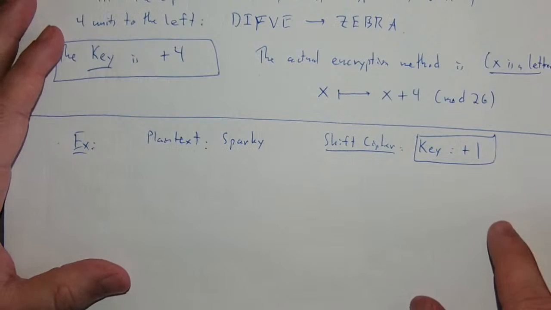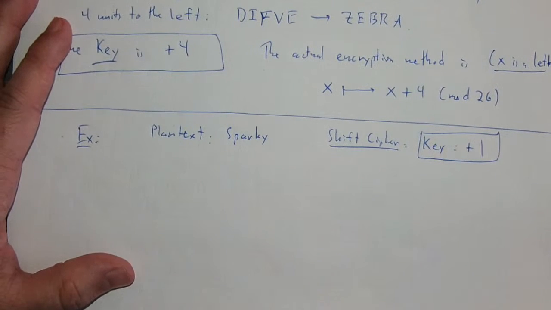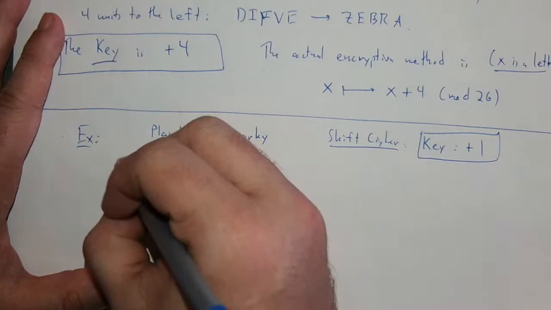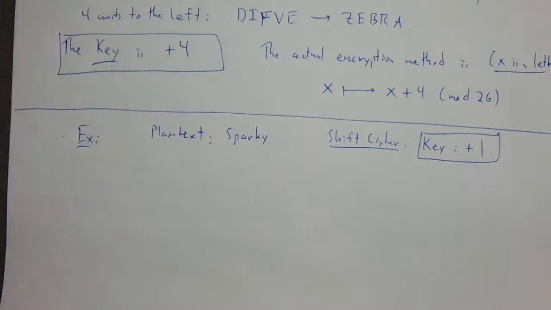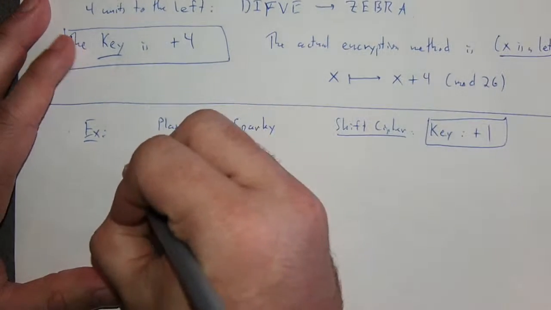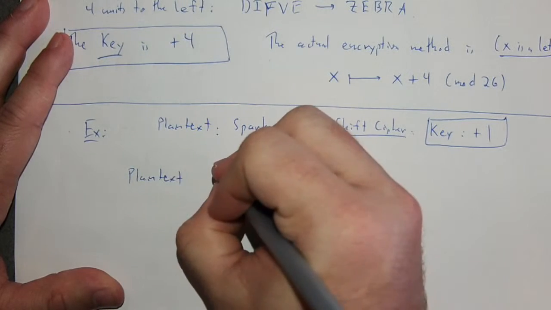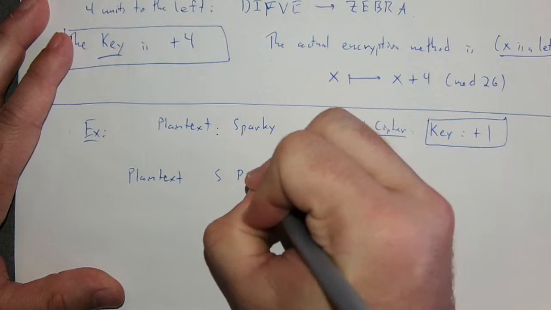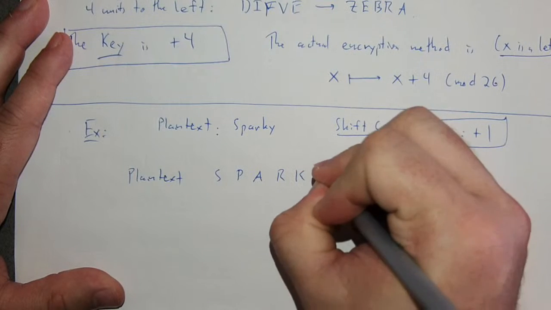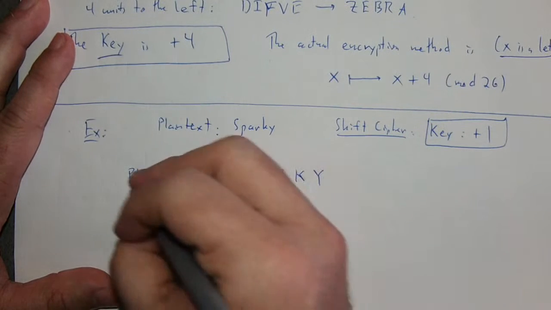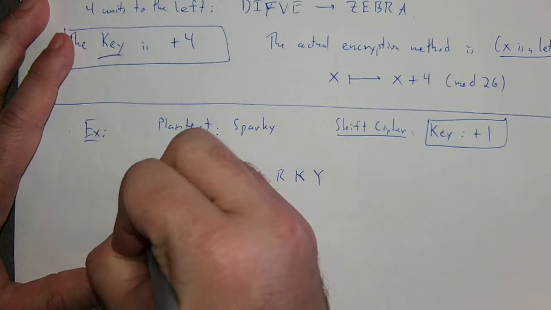So what does this look like? In your process, what it should look like is the following. Your plain text is here. So this is Sparky, SPARKY. Next is the numerical value of your letter.